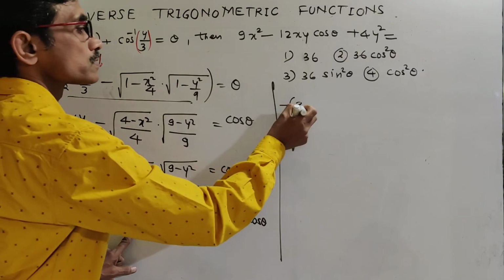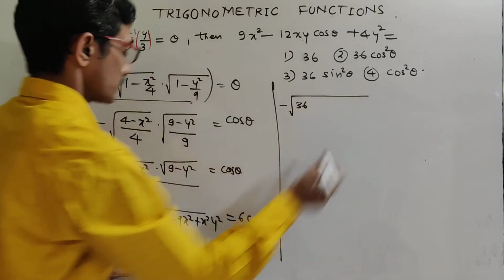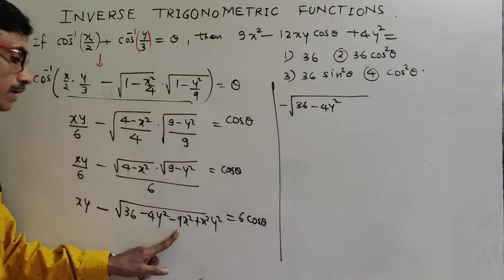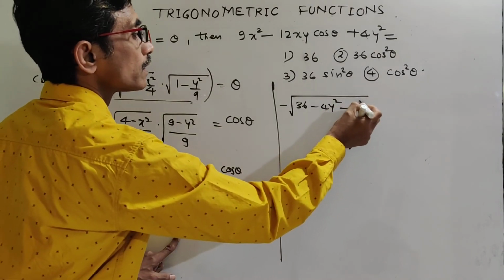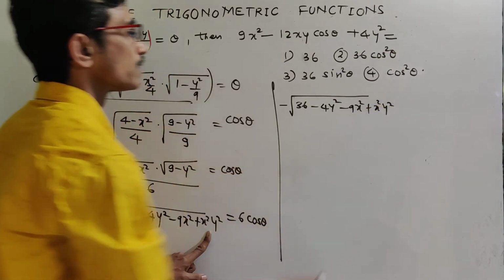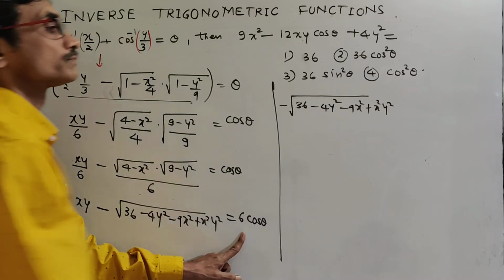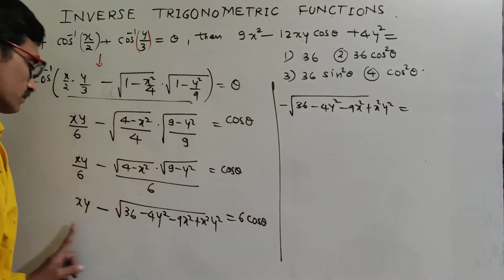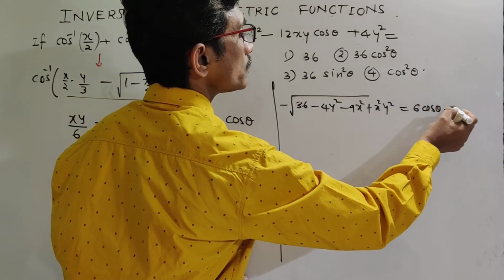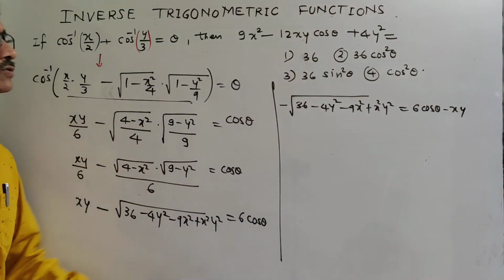So minus root of 36 minus 4y square minus 9x square plus x square y square is equal to 6 cos theta minus xy.